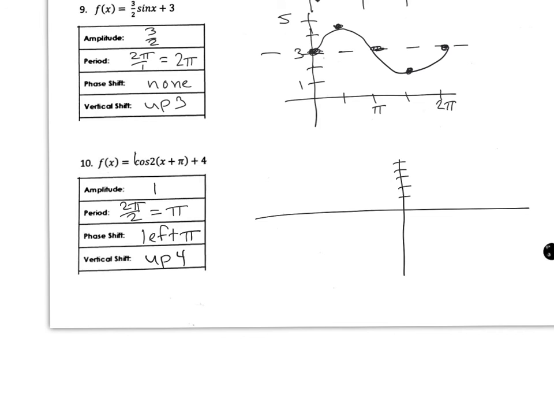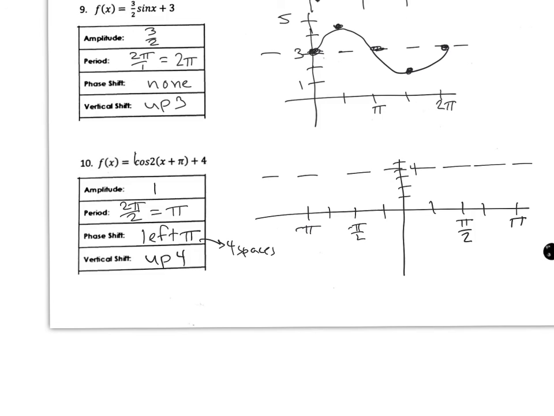Might be too much space, but that's okay. 1, 2, 3, 4, period. Oh, so I have to move this thing left 4 spaces. So there's negative pi over 2.